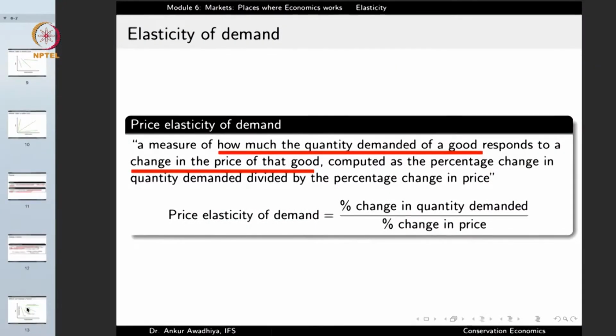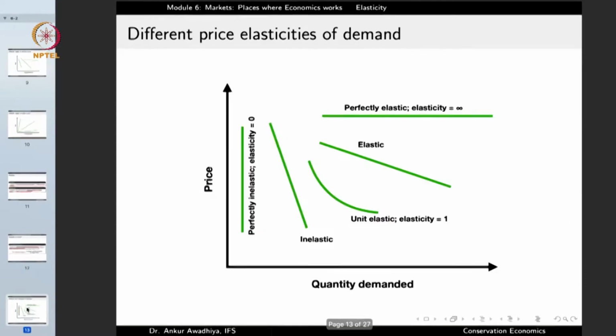And we can see this price elasticity of demand in the shape of the demand curves. Now, this is a perfectly inelastic demand curve. That is, the elasticity is equal to zero. Why? Because even though you have a big change in the price, there is hardly any change in the quantity demanded. So the percentage change in quantity demanded is zero.